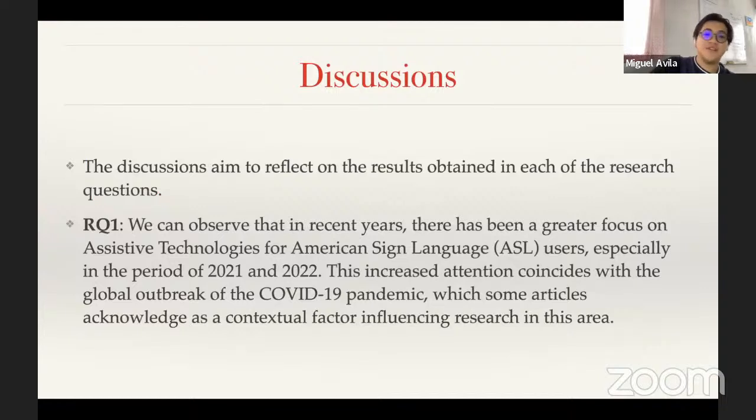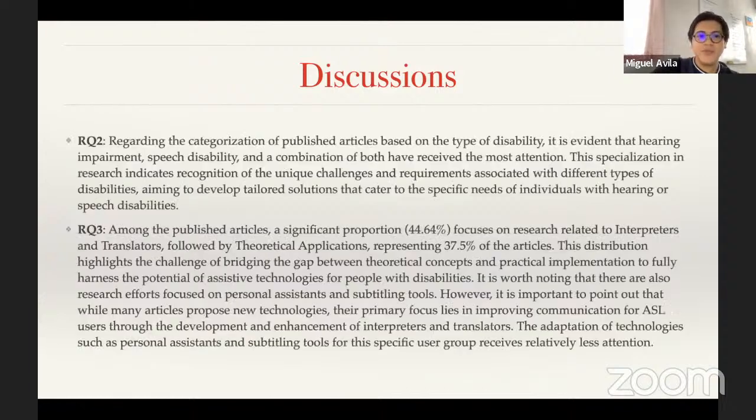And then, well, let's talk about the discussion, what we really get from all of this research. So in the first research question, we can see a trend on the COVID-19 pandemic that you can see in the years. Then we have the second, that is the type of disability. And this is evident that, for example, hearing impairment, speech disability, and the combination are receiving most attention among any other.